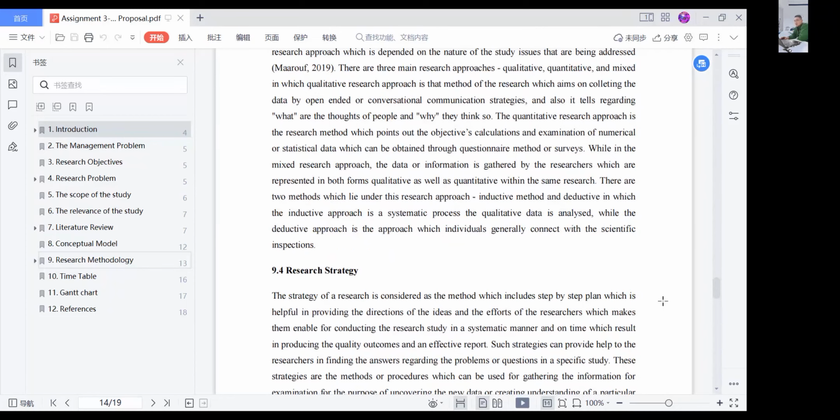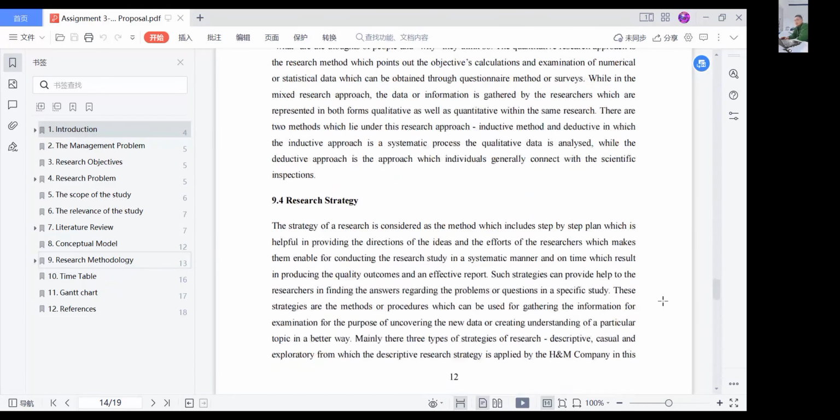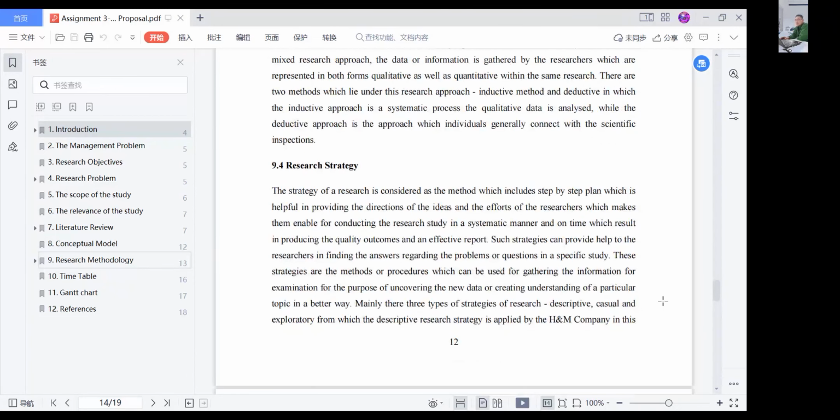While in the mixed research approach, the data or information is gathered by researchers in both forms, quantities as well as qualities, within the same research. While the deductive approach is the approach which individuals generally connect with the scientific experiment.